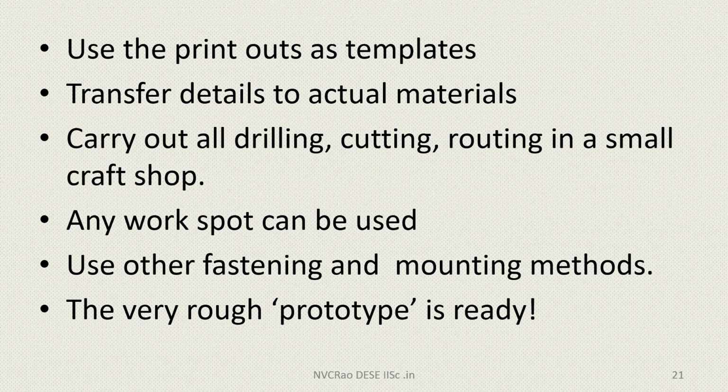Earlier, you had to go to the workshop, and depending on the accuracy, you often had to get back, because sometimes something important was getting compromised, and something which could be accommodated was unnecessarily stressed upon. So, if you have things under your control, you can do anything you like, with cutting, routing in a small craft workshop, and fastening and mounting methods, and a very rough prototype is ready.